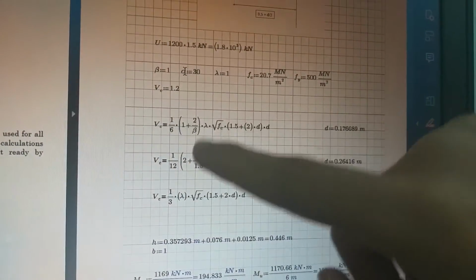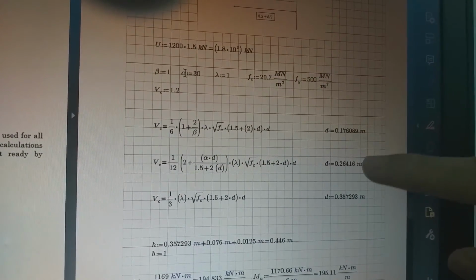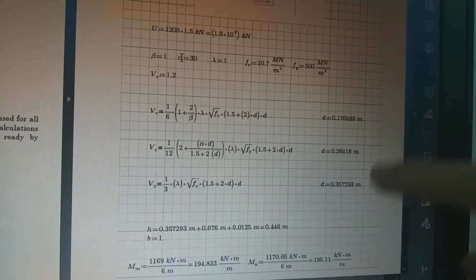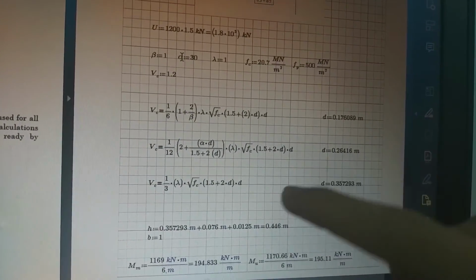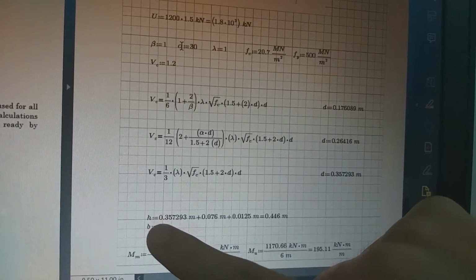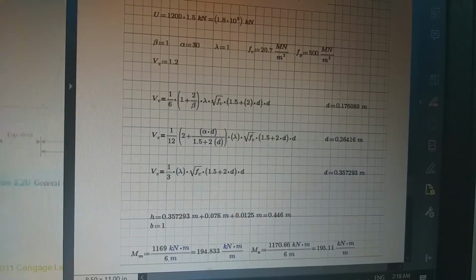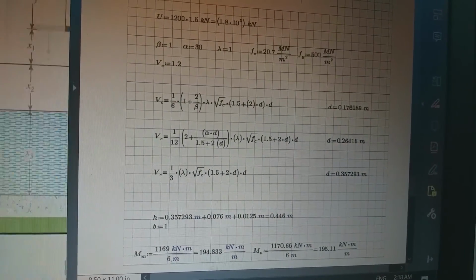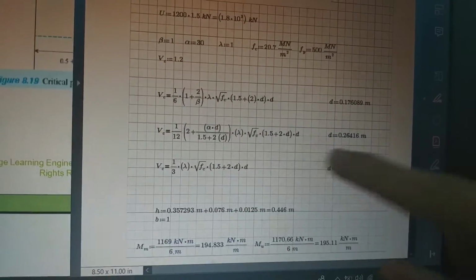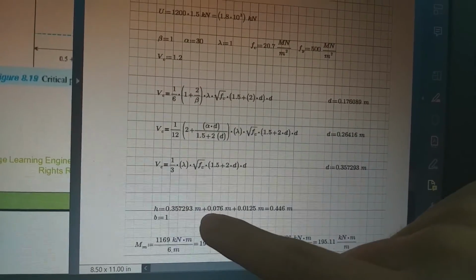And then we substitute all the values, and we get D equivalent for the first one to 0.7689, etc. And then we choose the highest number of D to find the thickness of the slab, where H is the thickness of the slab. We take the highest value of D and we add 76.